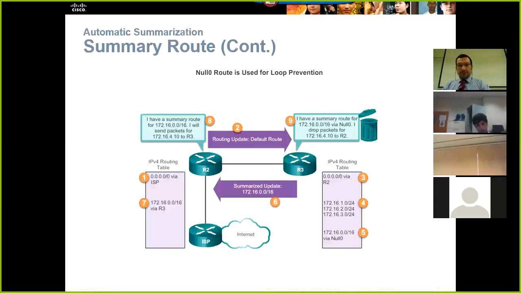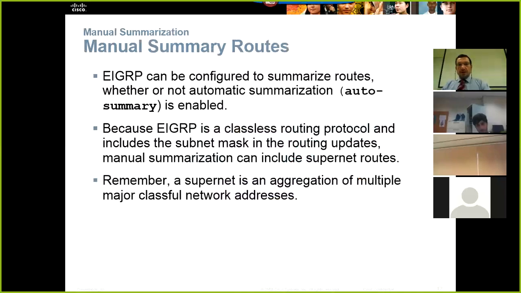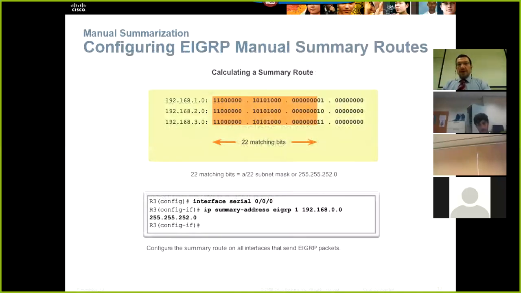Let's go back here. So we've done the auto summarization. But what if you want to do manual summarization? In this example, we want to summarize all of the LANs connected to the R3 router, all of the 192.168. And because EIGRP is a classless routing protocol, we can actually summarize beyond the classful boundary.